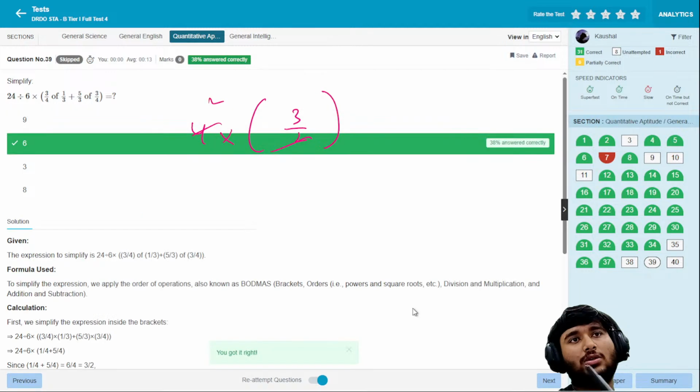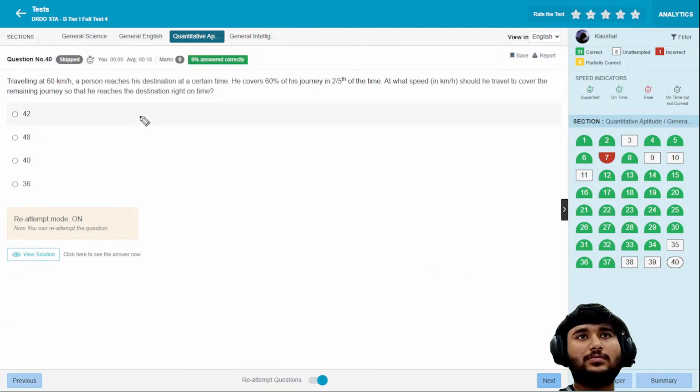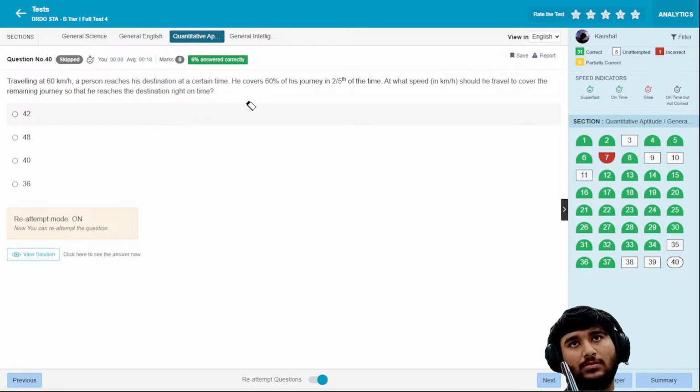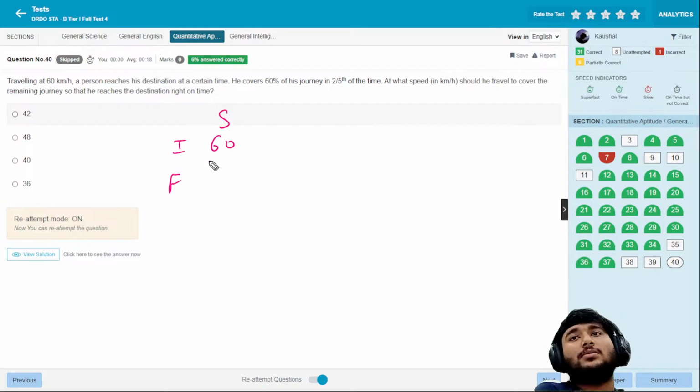6. Speed. Initial, final. We cover 60% of journey with 2/5 of the time. What?